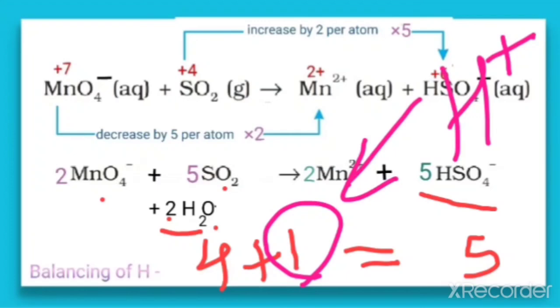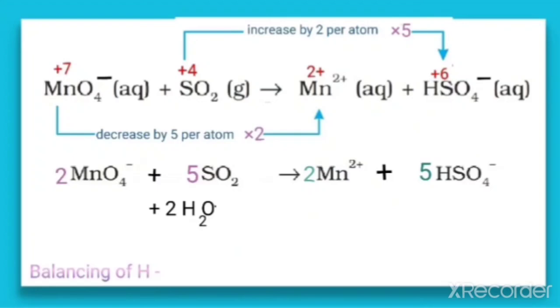It is not necessary that we always add on the left hand side. Where is the deficiency? There you have to add H positive. And how much is the deficiency? That much number of H positive should be added. So here a single H positive we have to add on the left hand side, that is the deficient side of hydrogen.